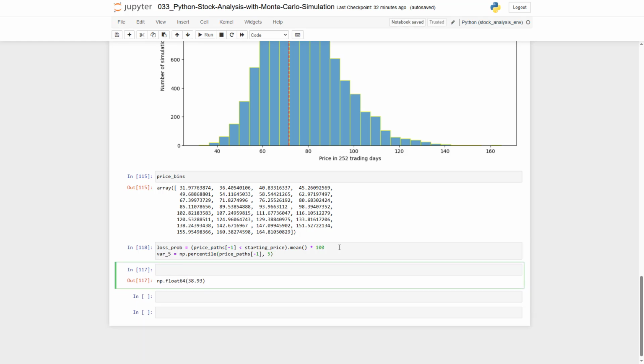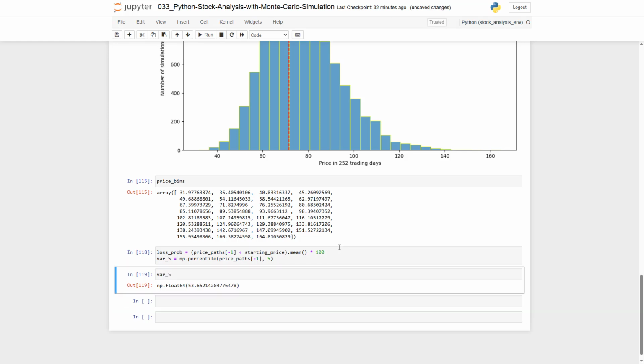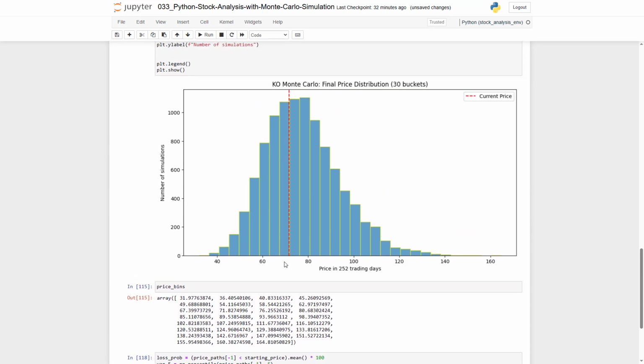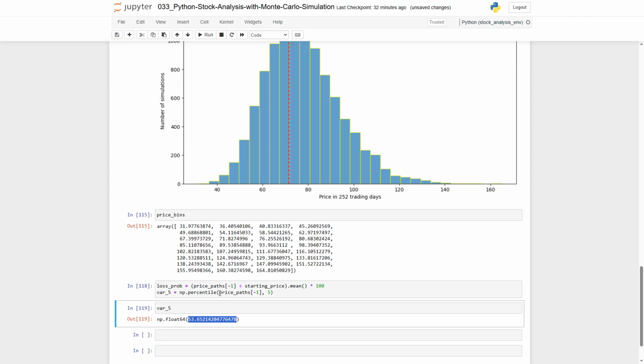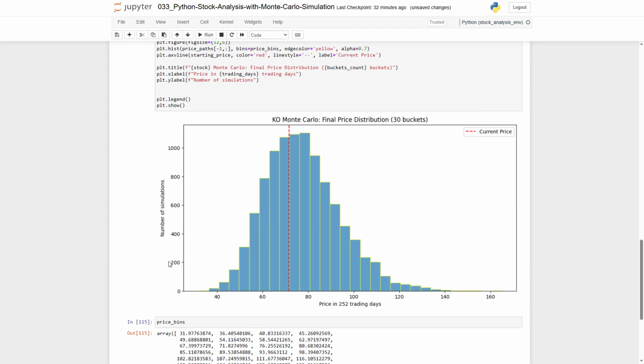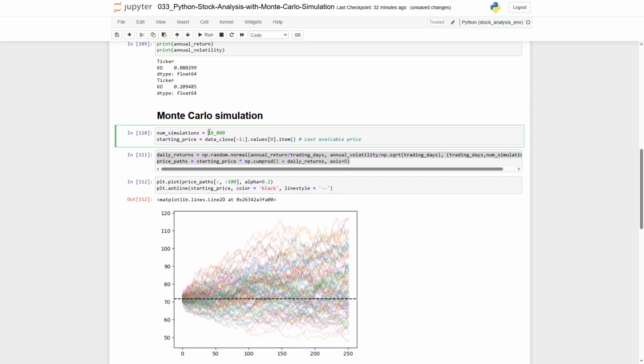And we only care about the worst 5% of the outcomes, and these are somewhere here, 53, which means that if now we started with what was the current price.